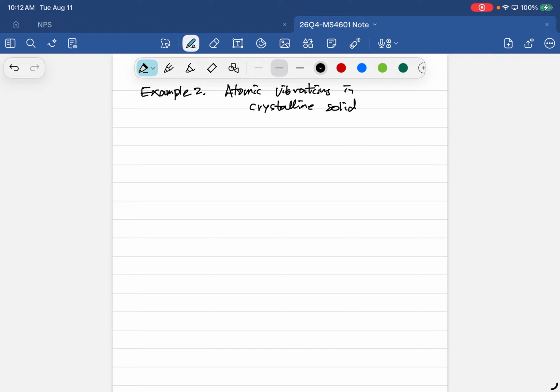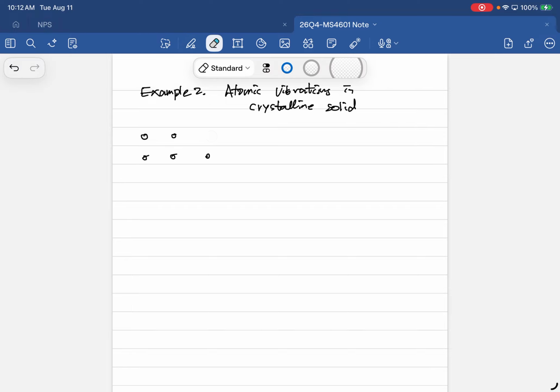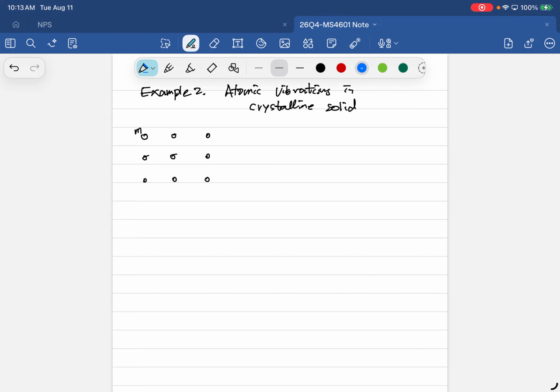In a crystalline solid, you can model the atomic arrangement with masses and springs. I'm going to draw just a small subset of a crystalline solid. In this case, each atom can be modeled as a mass, and there is also interatomic bonding, the interatomic potential, which can be represented by a spring constant. So every mass is connected through a spring.